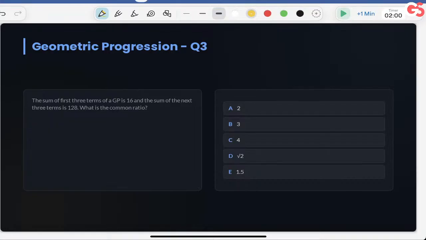Sum of first 3 terms of a GP is 16. Sum of next 3 terms is 128. What is the common ratio?